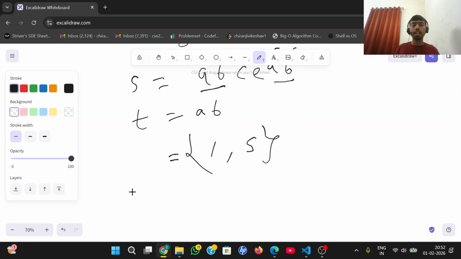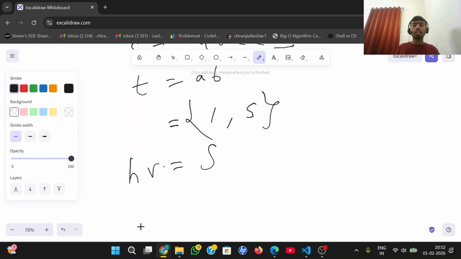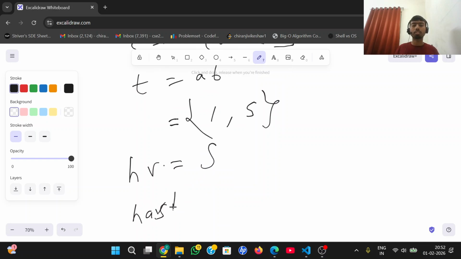You have to first find the hash vector of a string s. Then you have to find the hash value of t, let's say ht. And this is the hash vector of the string s.